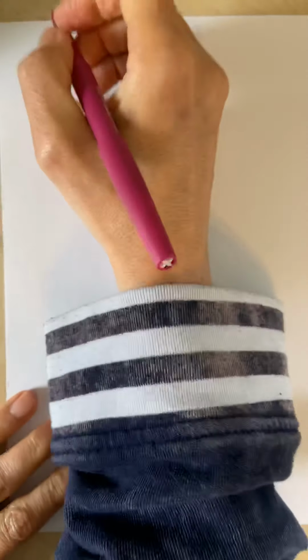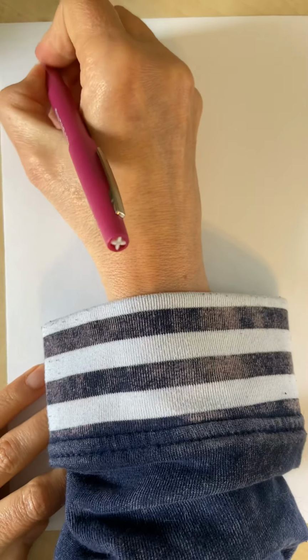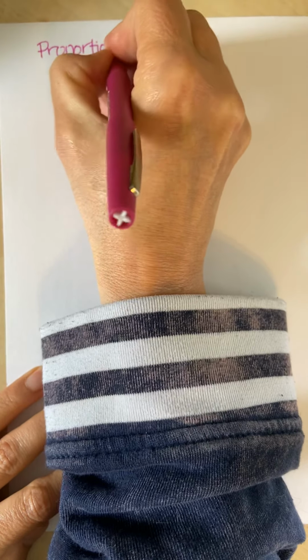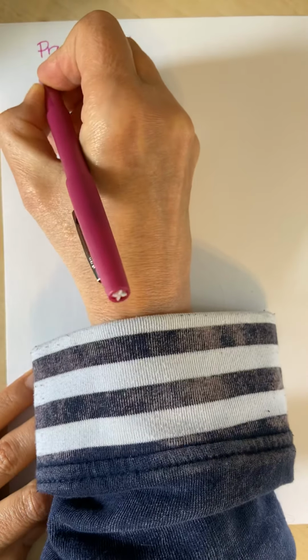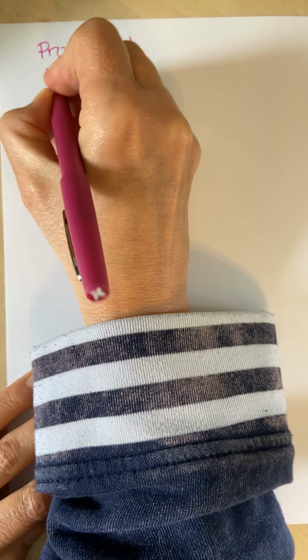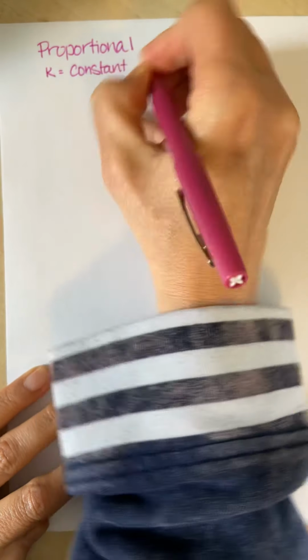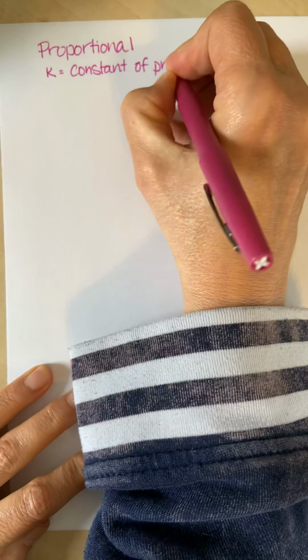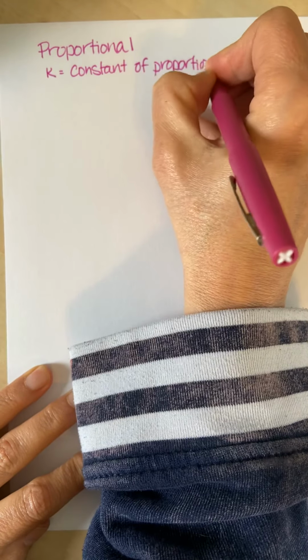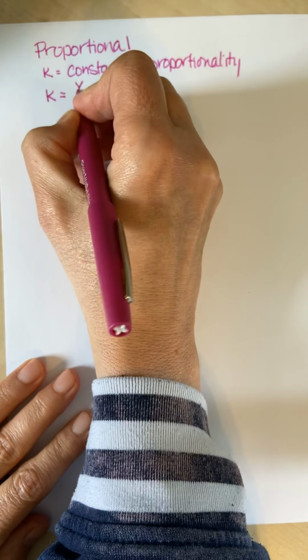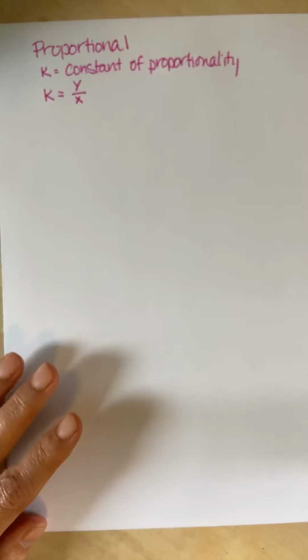But as far as if something is proportional, it has to have a constant of proportionality, okay? So for proportional, I know we did this once already, but remember that you have to have a k. k is your constant of proportionality. k is always equal to y over x, not x over y.